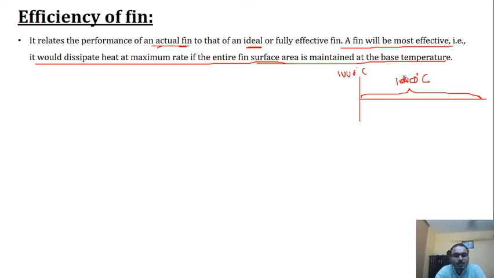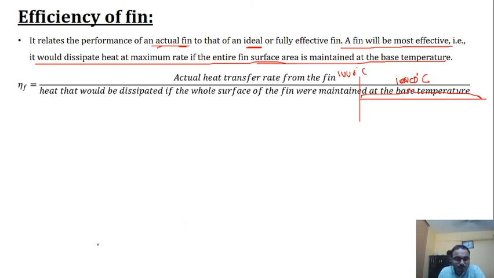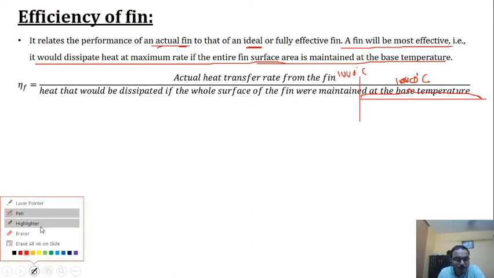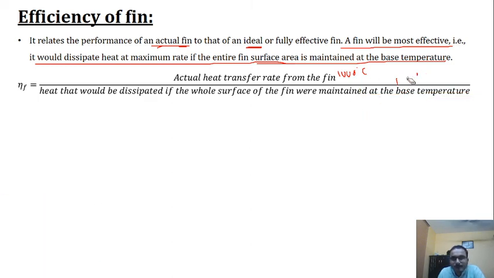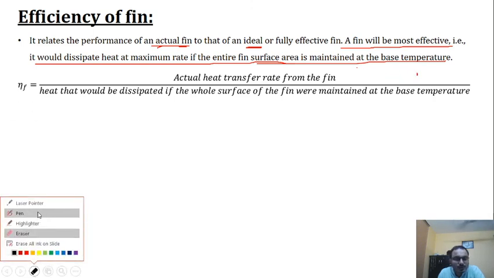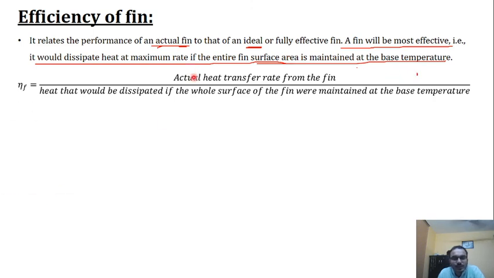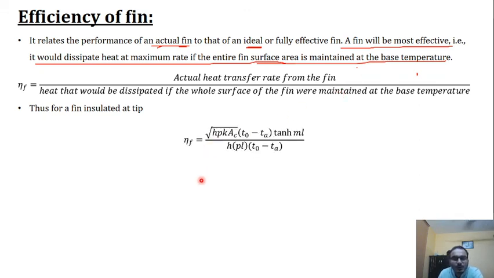So for that, the efficiency of the fin is given by, in numerator, the actual heat transfer rate from the fin, and in the denominator, the heat that would be dissipated if the whole surface of the fin were maintained at the base temperature. So for the case of insulated fin, the formula will be like this.